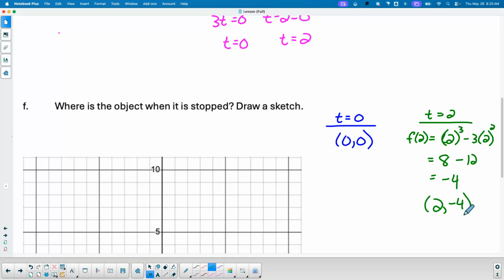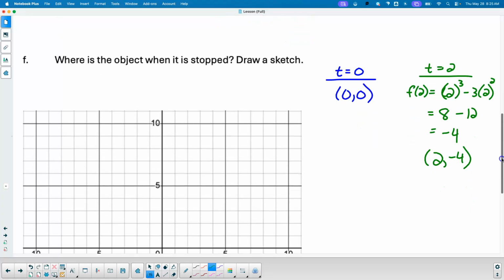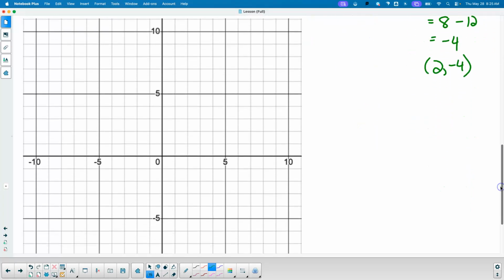Now, graphically, let's take a peek at this. So we know that we are at (0, 0). We know that we are at (2, negative 4).